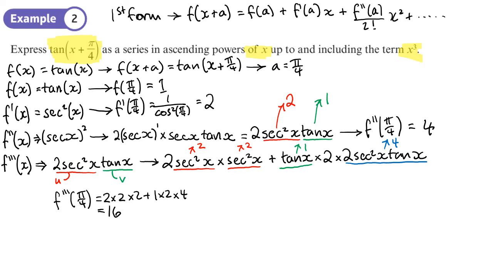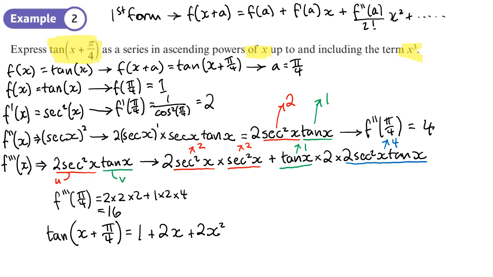Yeah, that does help. Right, so now we're ready to write tan of x plus pi over 4 is equal to this expansion. So f of a, which was f of pi over 4, which was 1, plus the first derivative, which was 2, so we've got 2x at a. Then the second derivative gave us 4. So we basically get 4 over 2 factorial, which is 2. So 4 divided by 2 is 2, so you get 2x squared.